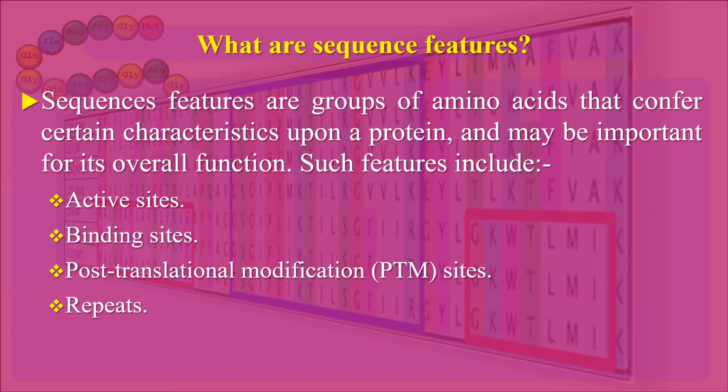Such features include the active site، زي الإنزيم له active site، binding site، post-translational modification such as a methyl group, benzene ring, whatever additional part for the protein. Repeats: probably a given part of the protein repeats several times, 2, 3, 4 times, and so on.